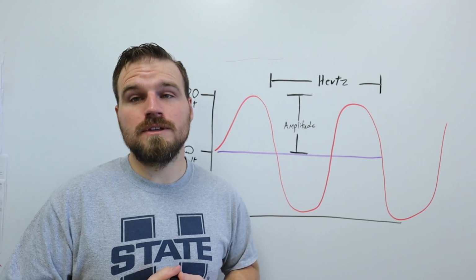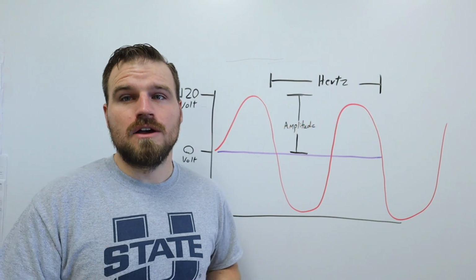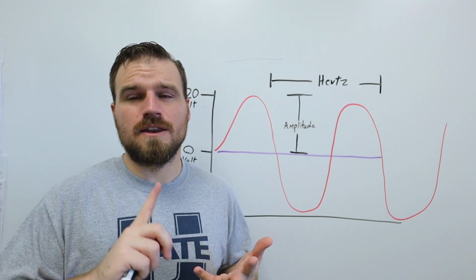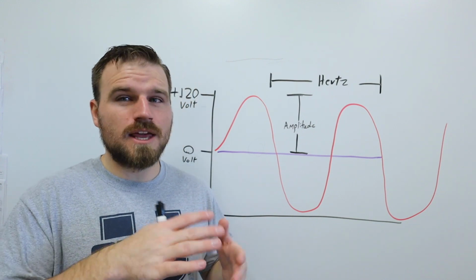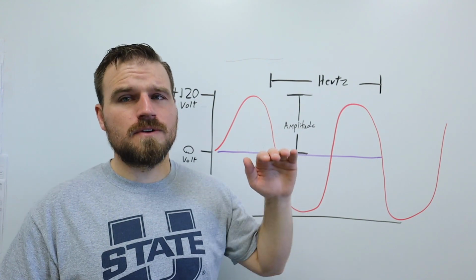Now, that is not the only type of voltage that is out there in the AC range. You're going to have 240, 277, and 480, okay? To get into those other voltages, we're going to be talking more about different phases.